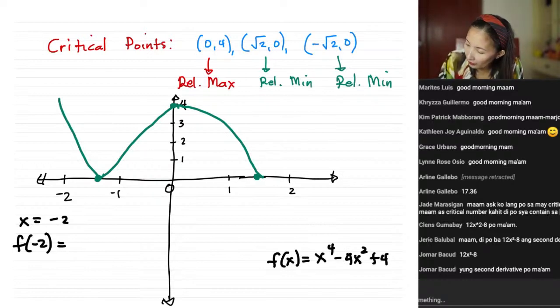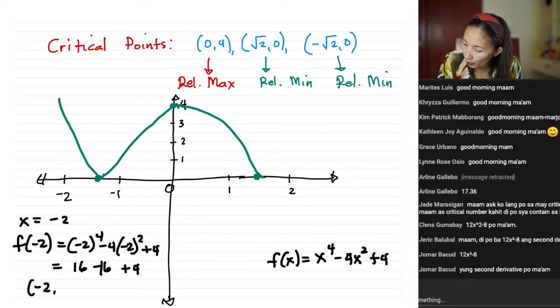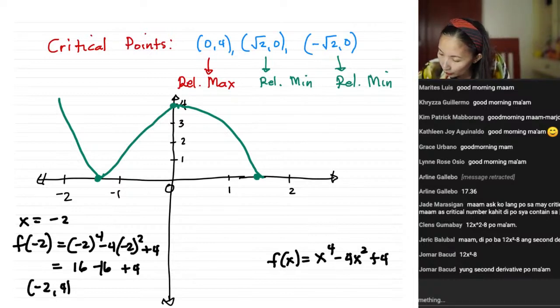So f of negative 2 will be negative 2 to the fourth power minus 4 times negative 2 squared plus 4. Negative 2 to the fourth is 16, minus 16, plus 4. That will be negative 2, 4. So, correct? Negative 2, 4 is somewhere here.